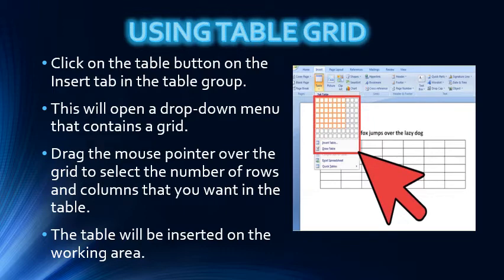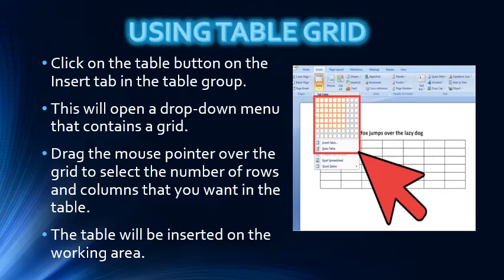As you can see in the picture, click on the Table button on the Insert tab in the Table group. When we open the Word document, we find the Insert tab beside the Home tab. We click on it. In the Table group, we will find the Table button. When we click on the Table button, a drop-down menu appears and contains a grid like this, marked with an orange line.